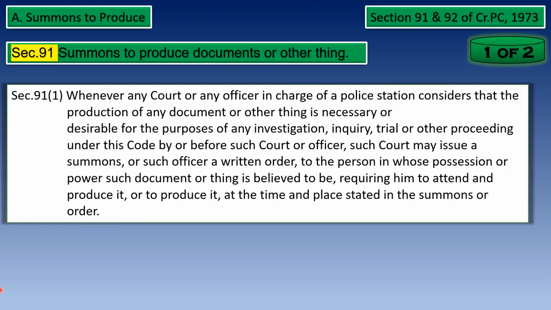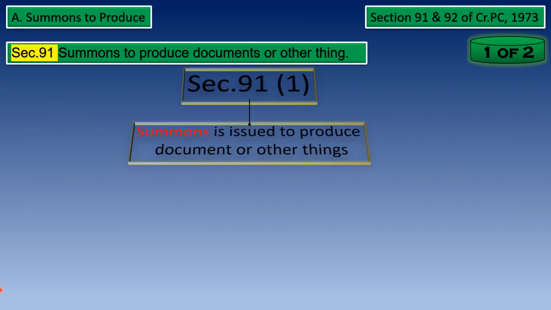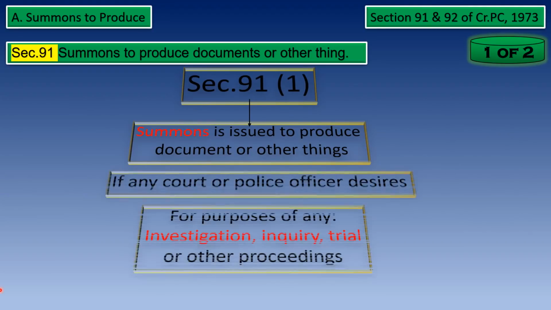Now let's understand what the section is trying to explain to us. A person may be having some things or documents which a court or the police officer may require for investigation purposes, for any inquiry or trial purposes.